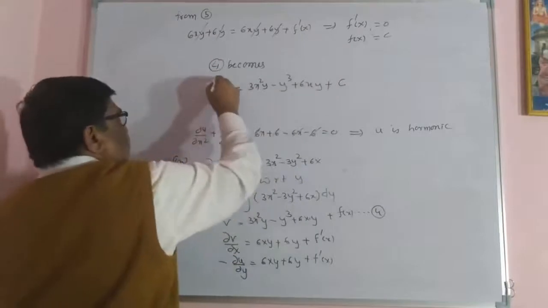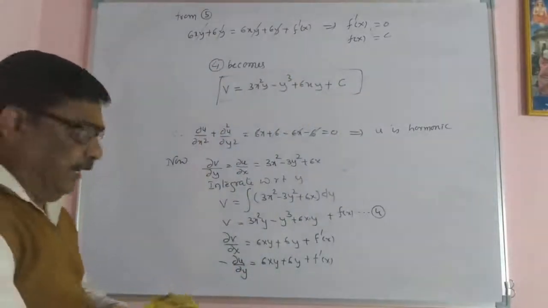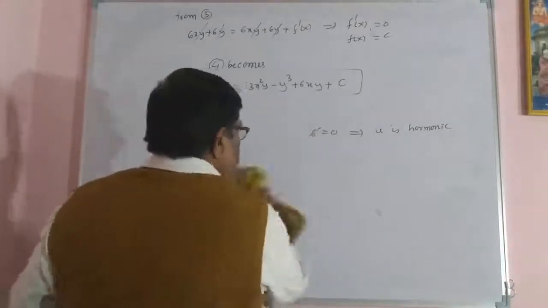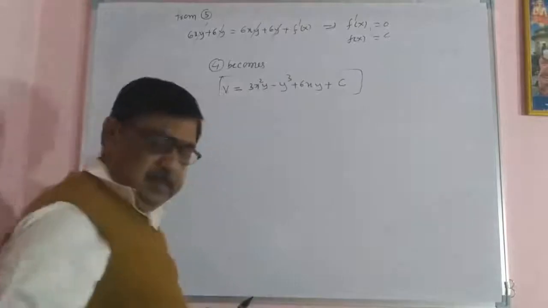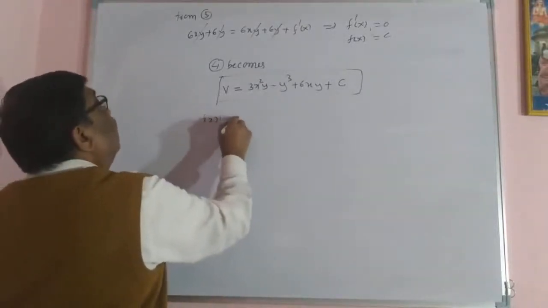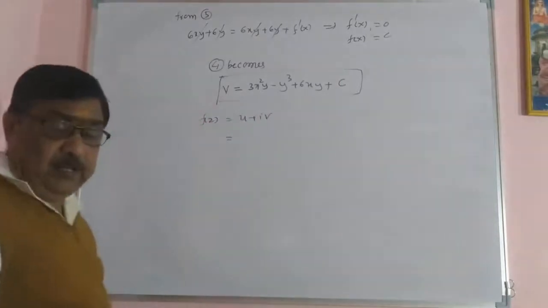This is the harmonic conjugate. Then the analytic function will be f of z equals u plus iv. Let us substitute that u value.